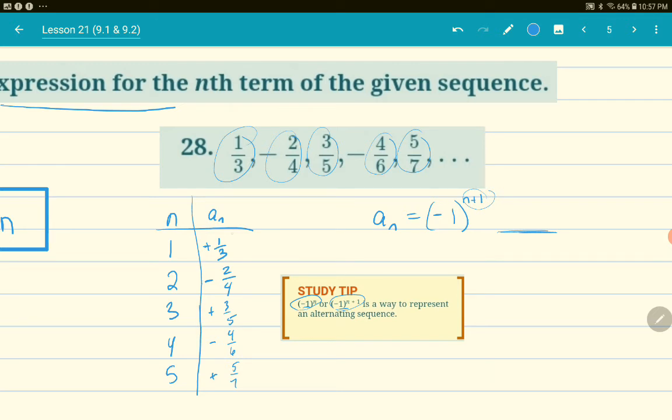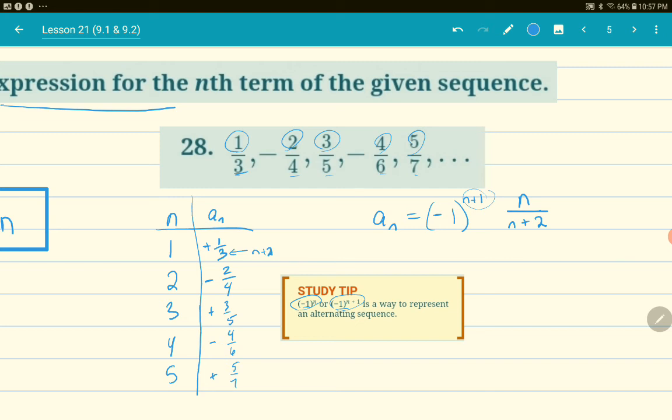All right, so it looks like I have n in the numerator, right? My first one is 1, and then a 2, and then a 3, 4, 5. So my numerator is n. And the denominator also goes up by 1 each time, except that it's starting at 3. So we could do this as n plus 2. It's always 2 more than the numerator.